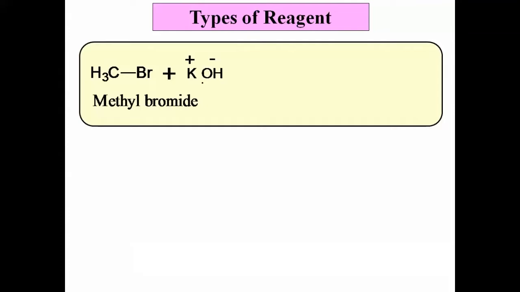When methyl bromide is treated with potassium hydroxide at high temperature, that reaction is carried out with heating. Now, what happens in this reaction? In this reaction, the bromine from the methyl bromide is replaced by OH, right? And we get methyl alcohol.